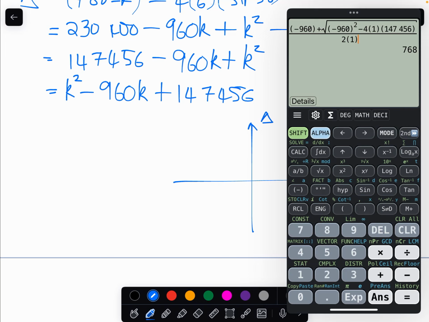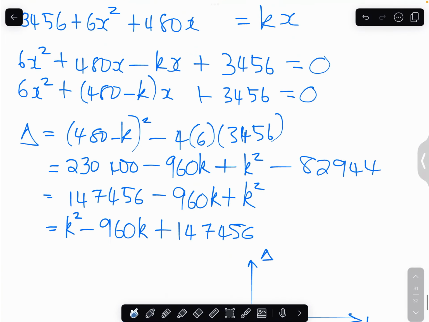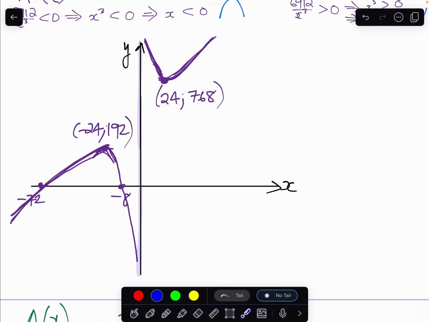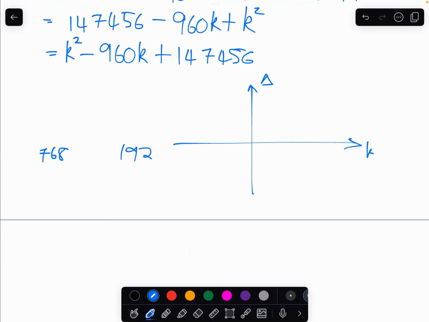The one k-intercept is 768, and the other one is, are we ready to guess? It is 192, which is the numbers we were concerned with. Exciting, right? And of course it's a happy parabola. So this is the 192, this is the 768.